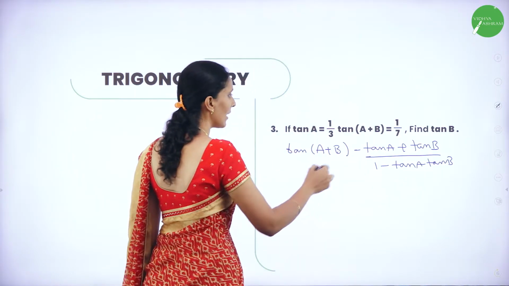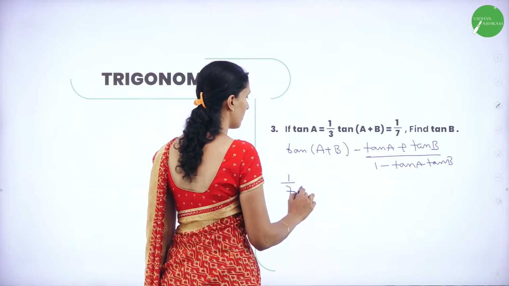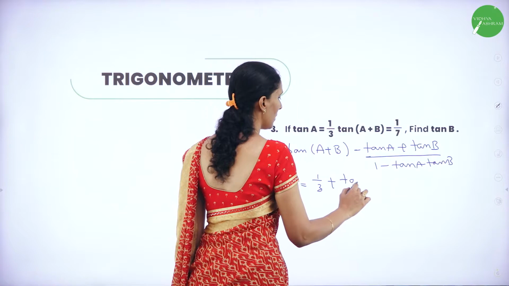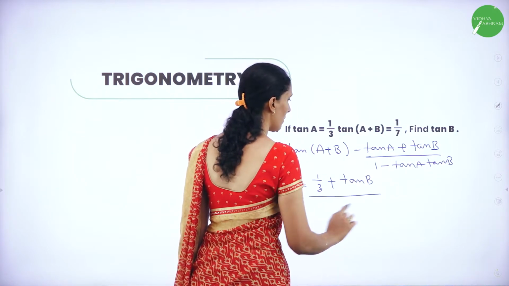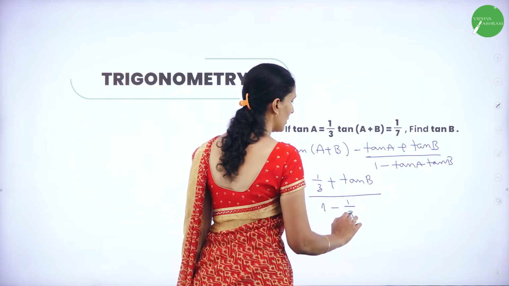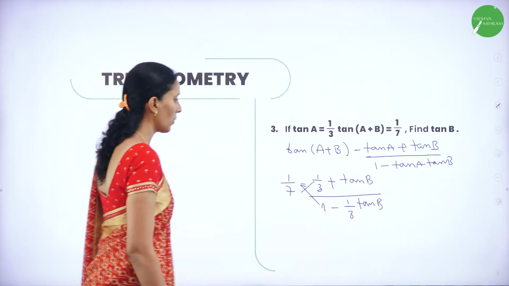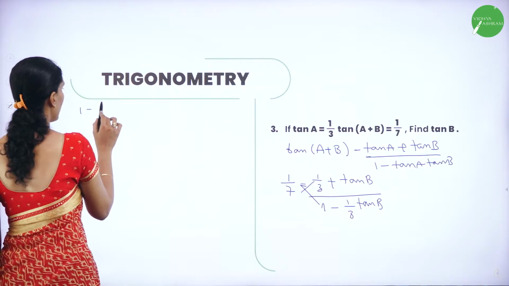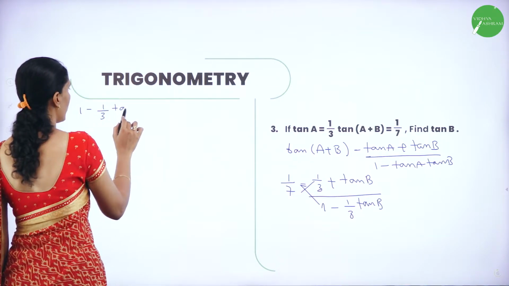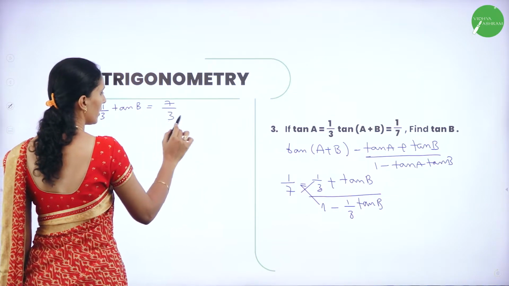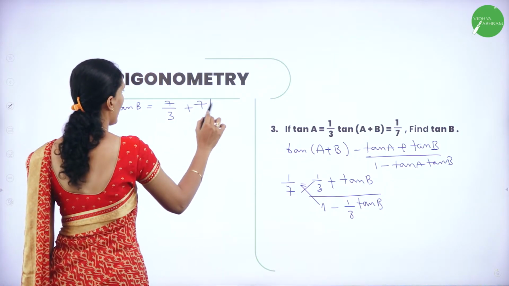Now we have tan(a plus b) as 1 by 7, tan a as 1 by 3, so (1 by 3 plus tan b) divided by (1 minus 1 by 3 tan b). Cross multiply the given equation. It is 1 minus 1 by 3 tan b is equal to 7 by 3 plus 7 tan b.